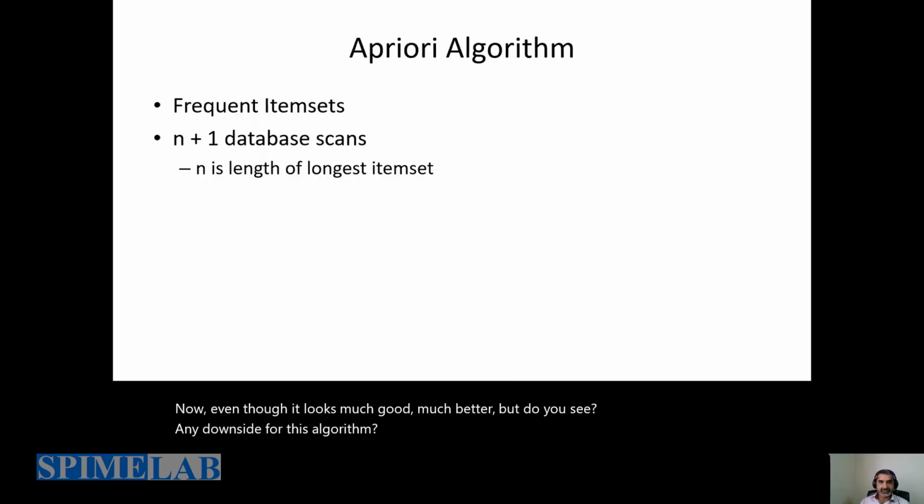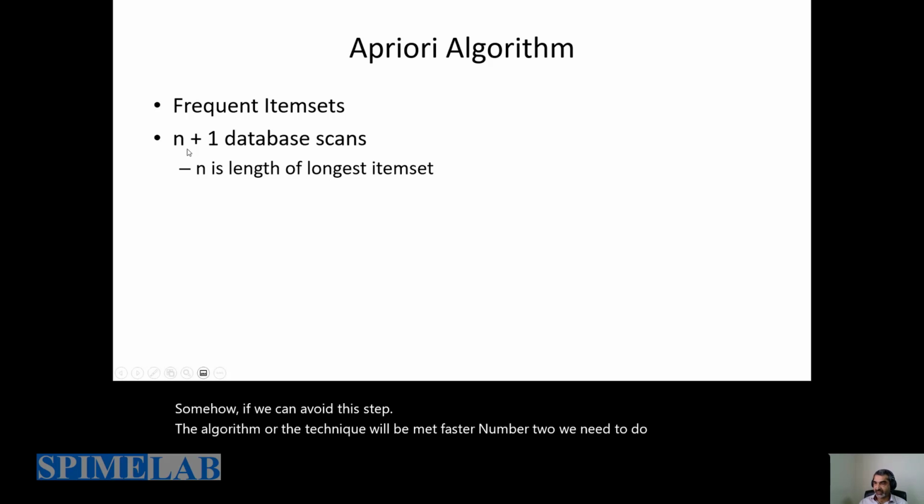For a huge database, number one, we need to generate frequent item sets. Somehow, if we can avoid this step, the algorithm or the technique will be much faster. Number two, we need to do database scans n+1 times.